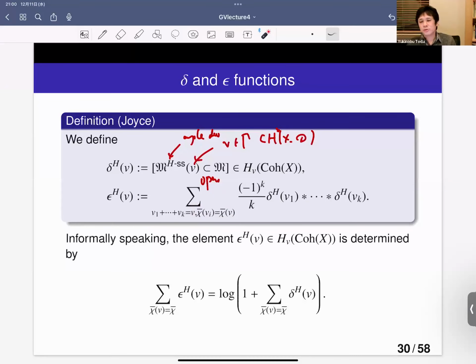Of course, if there is no strictly semistable sheaf, then there is no non-trivial such decomposition. So epsilon and delta are the same in the fine case, that is, they are equal if M_H(v) is fine. But we are interested in the case where the moduli space is not fine, and in that case they are different.